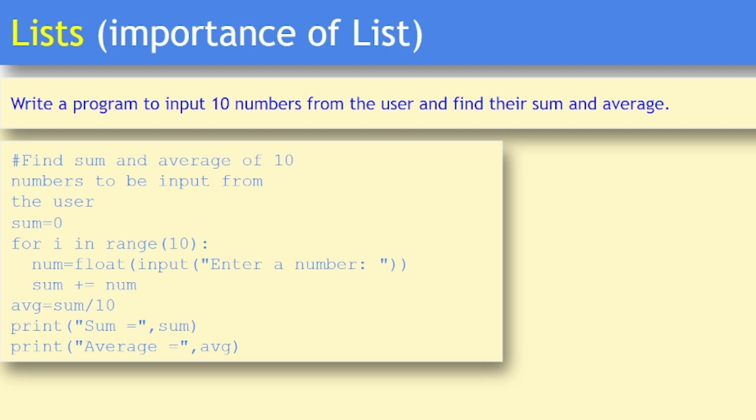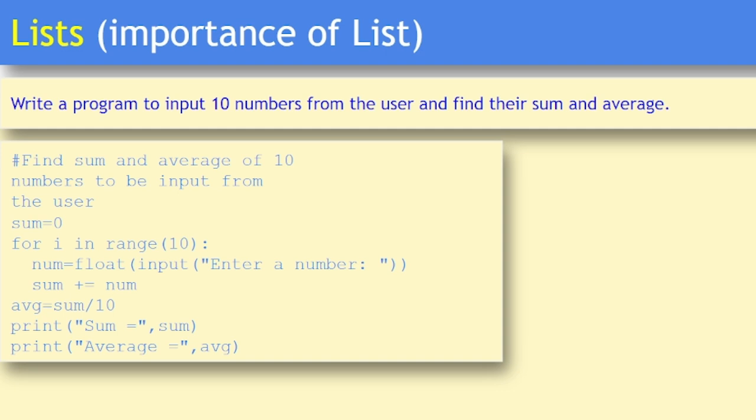Both are the same. The new value of num will be added to the old value of sum, and this will update the value of sum. The loop will be executed 10 times, get a new number from the user each time, and add it to the variable sum.